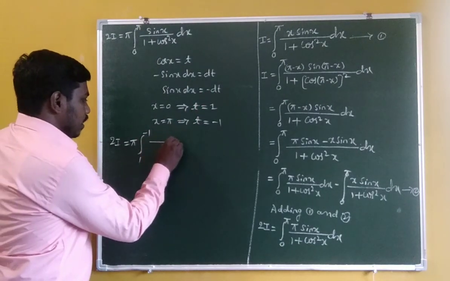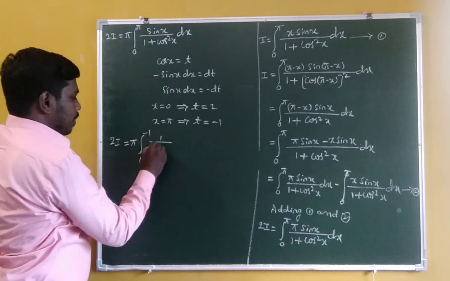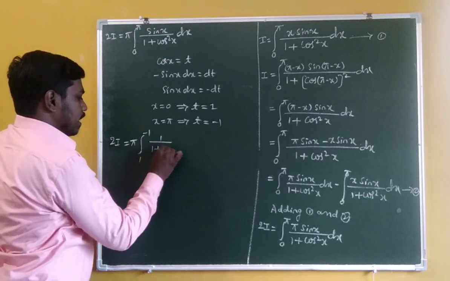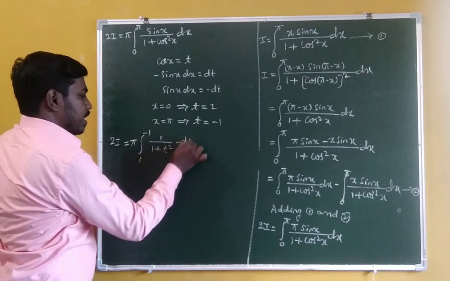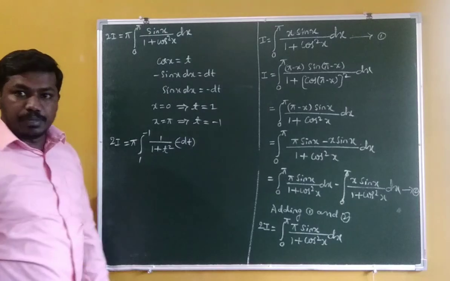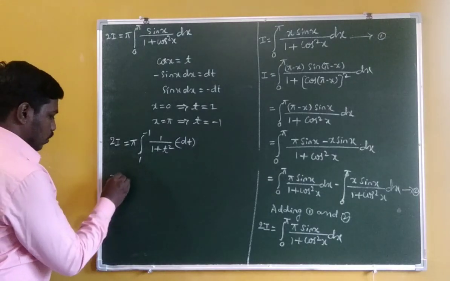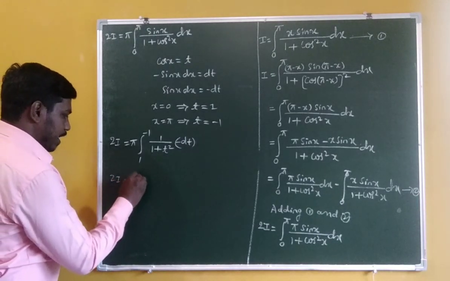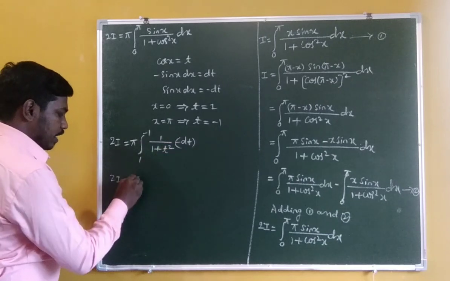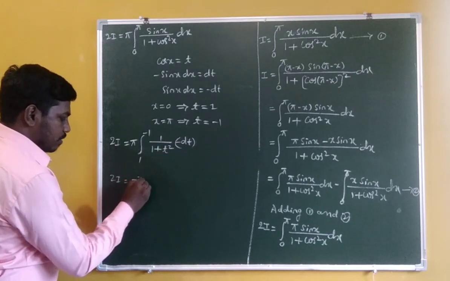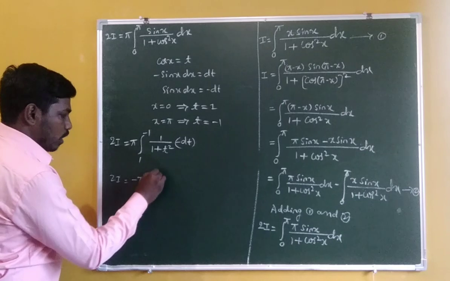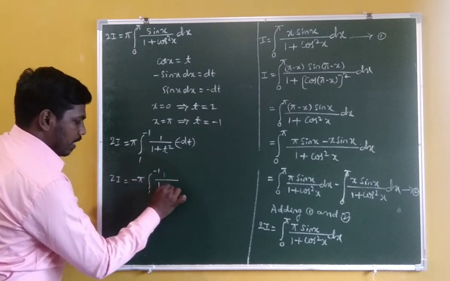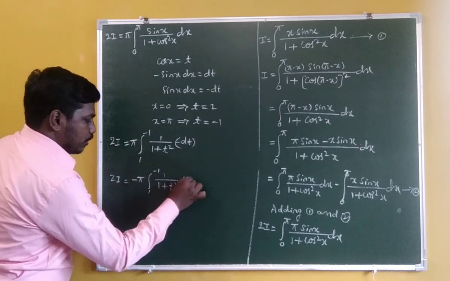So 1 divided by 1 plus cos, that is t square, into minus dt. So 2i is equal to pi into, minus is a constant, take it outside. So it becomes minus pi, integration from 1 to minus 1 of 1 divided by 1 plus t square into dt.